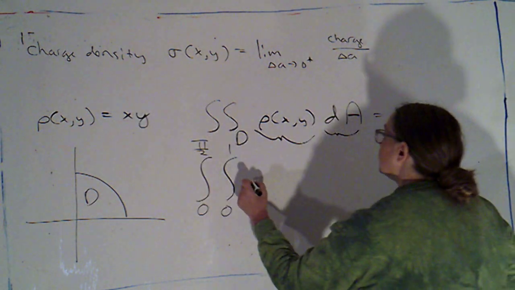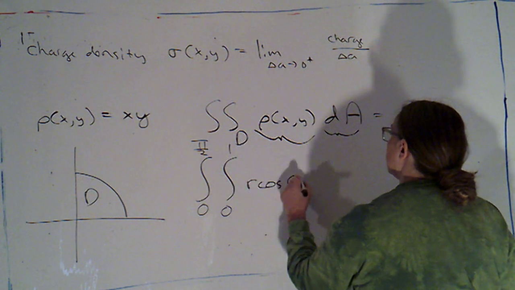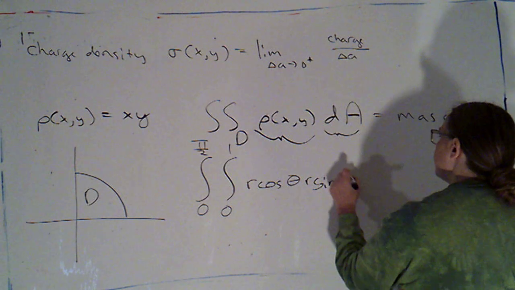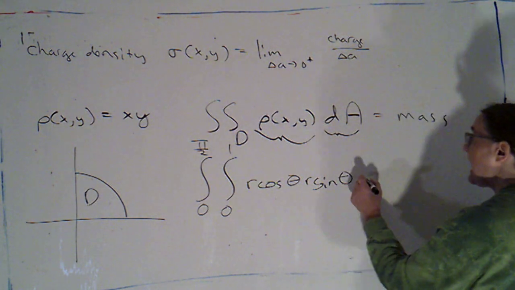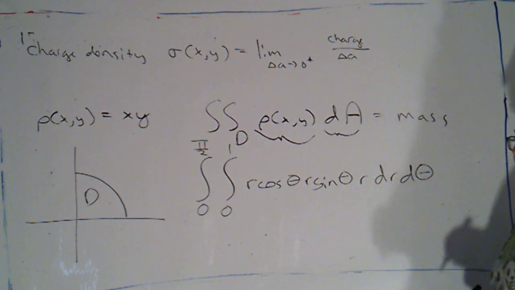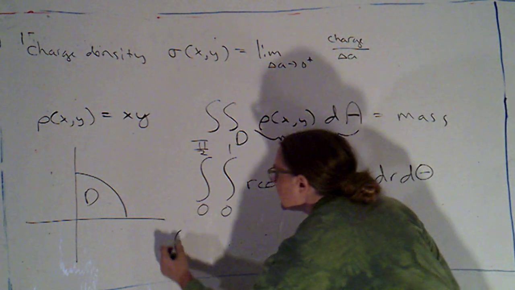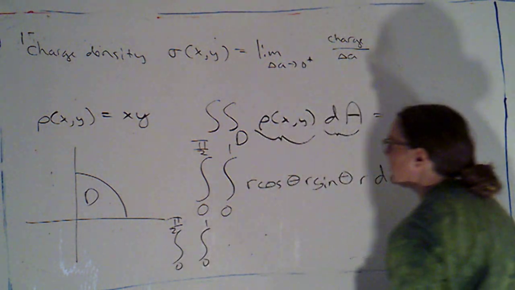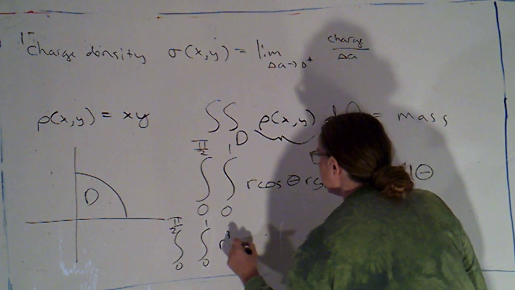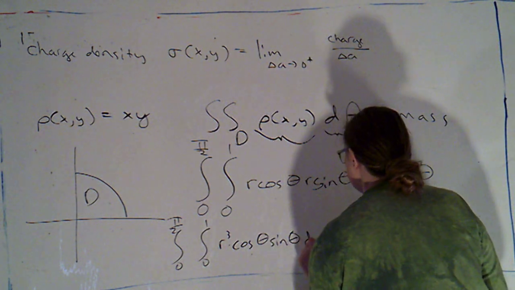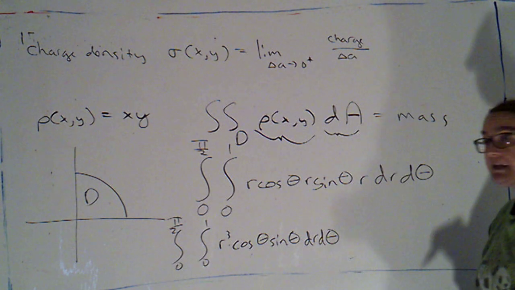I'll write that in terms of my polar coordinates, so that's r cosine theta, r sine theta. And then dA, don't forget there's an extra r, dr d theta. So that's going to be the integral from 0 to pi over 2, integral from 0 to 1 of r cubed cosine theta sine theta dr d theta.